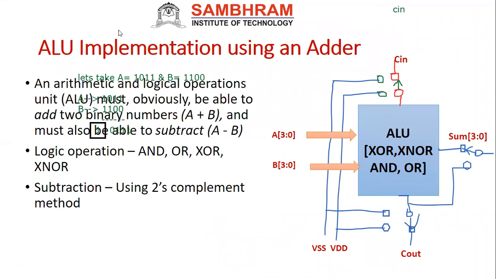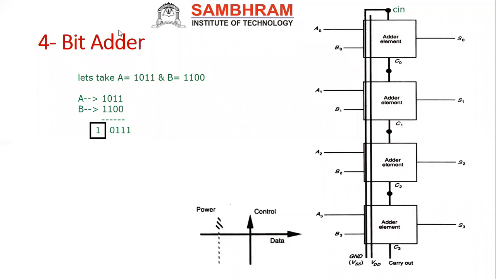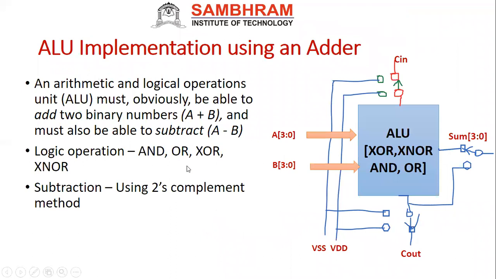Okay, now let us go for the design of the 4-bit adder, how to implement a 4-bit adder as an ALU. Because as you know, the ALU is an arithmetic logic unit that will perform arithmetic operations and logical operations. So an arithmetic and logical operation unit must be able to add two binary numbers and subtract A minus B, that is addition and subtraction.